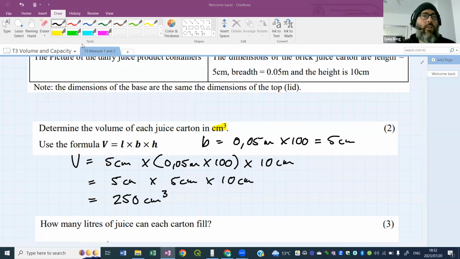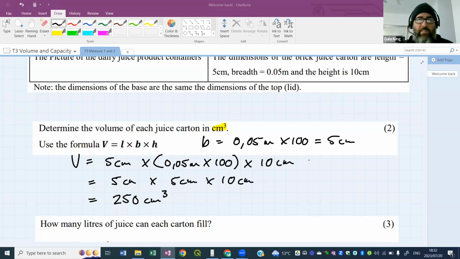All right. If you're not getting that, if you have any questions, please shout. Yes. So 250 centimeters cubed. If you have any questions, ladies and gentlemen, please shout. If you're not getting that, it's like, hey, sir, hold on, what's happening there? Then please shout. Yes, you should all be getting 250 centimeters cubed.